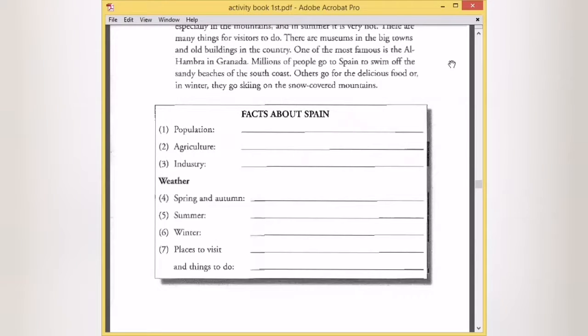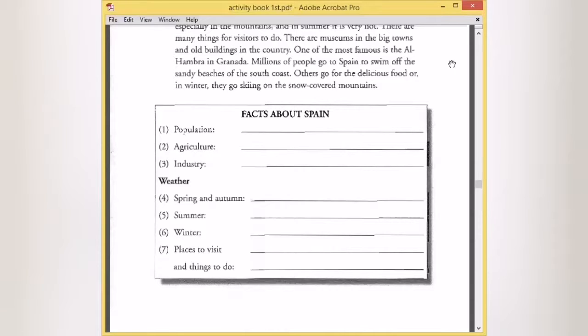In spring and autumn, warm and dry. It's okay, Awab. We don't have time. And summer, it is hot. Right? And in winter, it's cold and snowy.